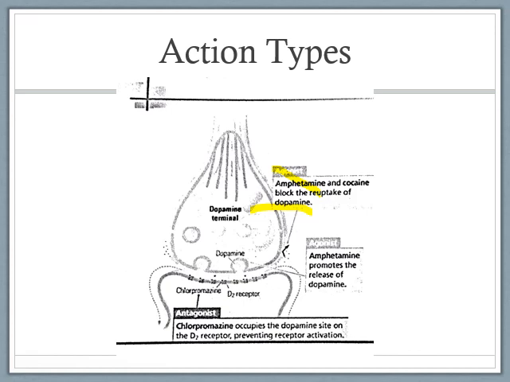Amphetamine promotes the release of dopamine. So it blocks the reuptake and it also promotes the release. And then an antagonist, such as Thorazine, which is used to treat schizophrenia, psychotic disorders, and mania and bipolar. Here it shows that it occupies the dopamine site on the D2 receptor, which prevents the receptor being activated.